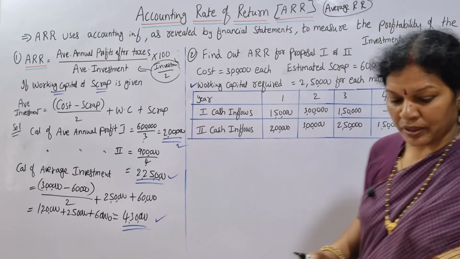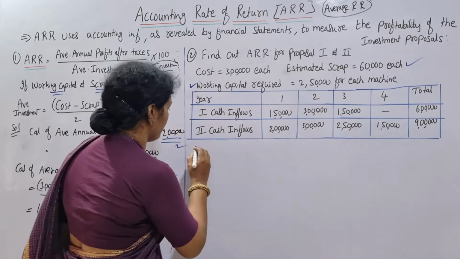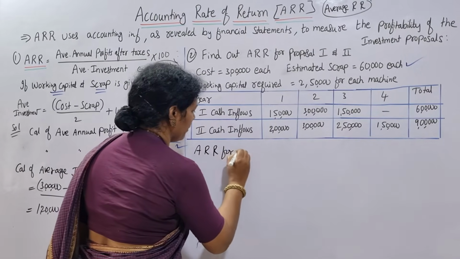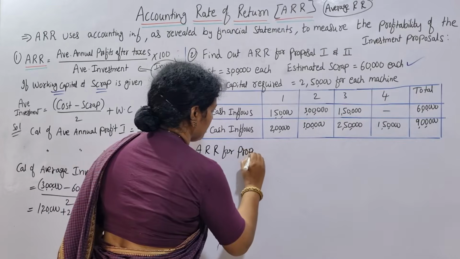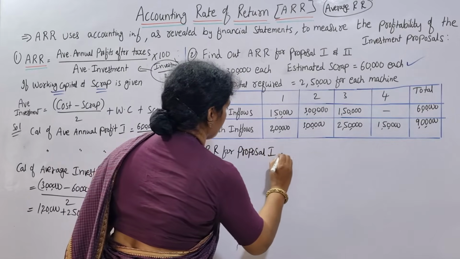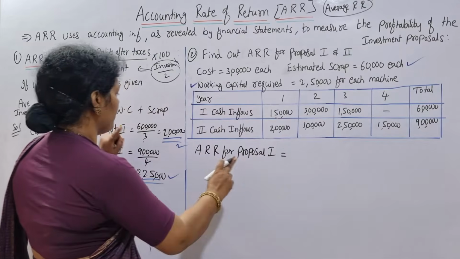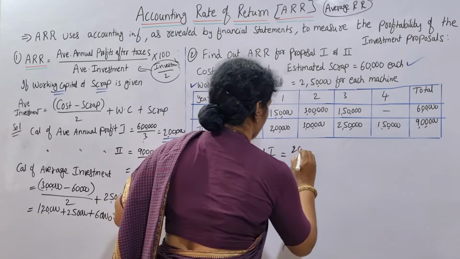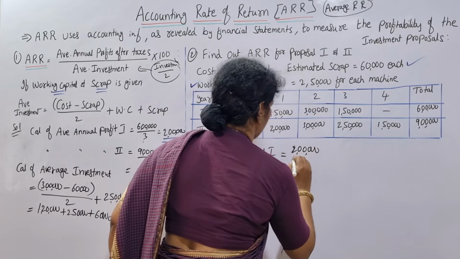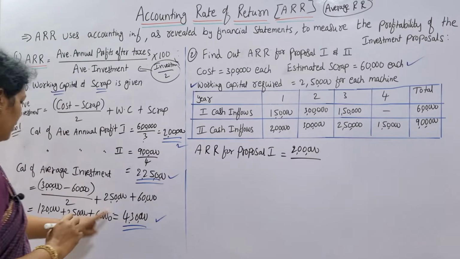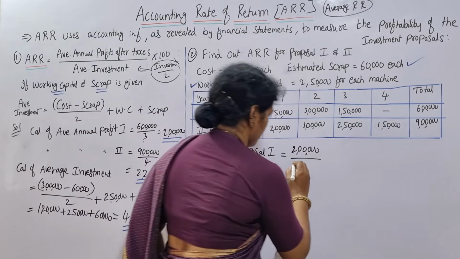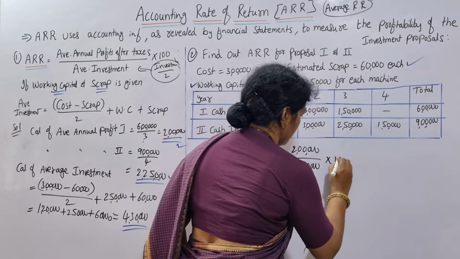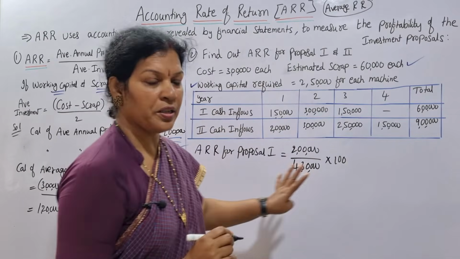Calculation of ARR. ARR, average rate of return for proposal 1: average annual profit is 2 lakh divided by average investment 4,30,000 into 100. Into 100 is to get the percentage.